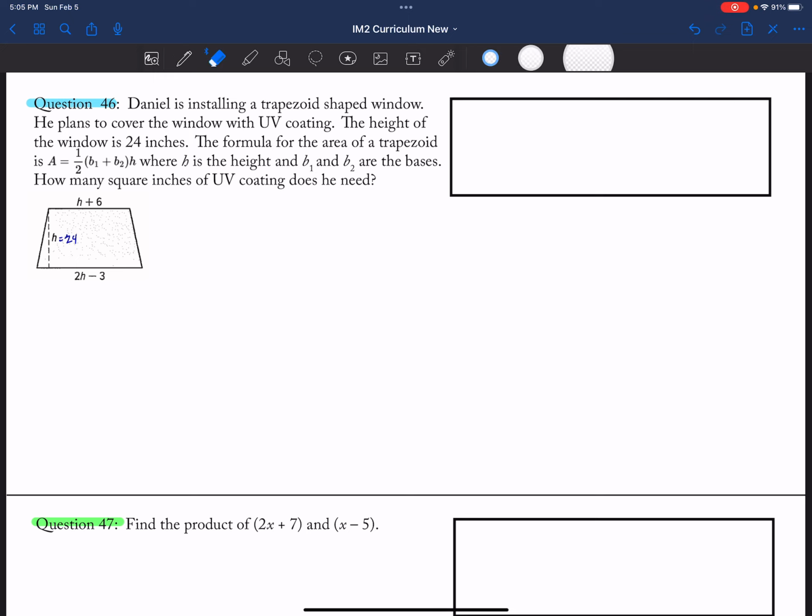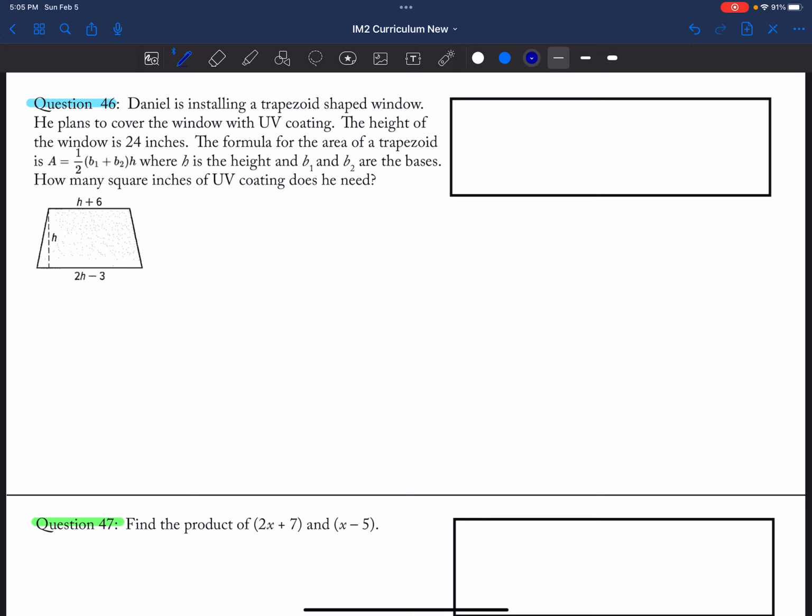Okay, well, if we already know what the height is, then it's almost pointless to do anything with this. This is funny. And this is supposed to be, I think, a review question.